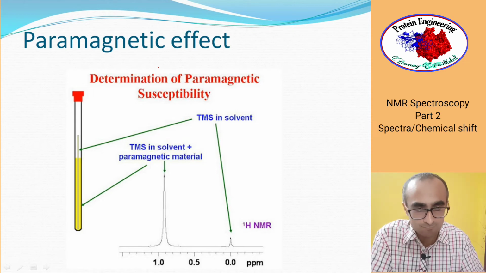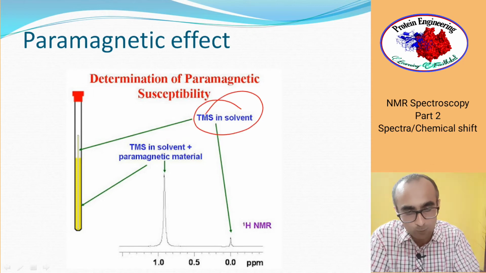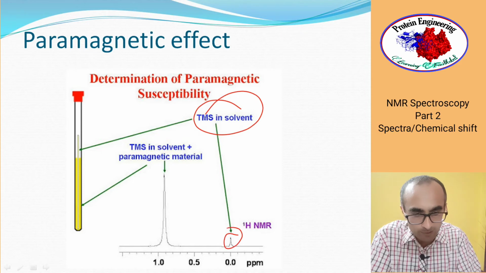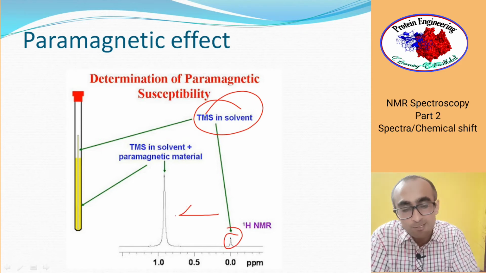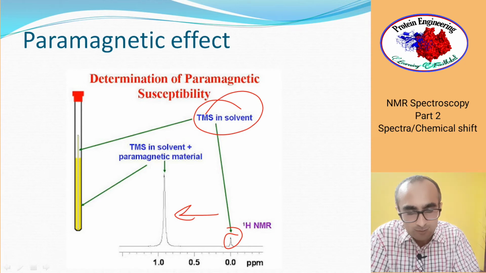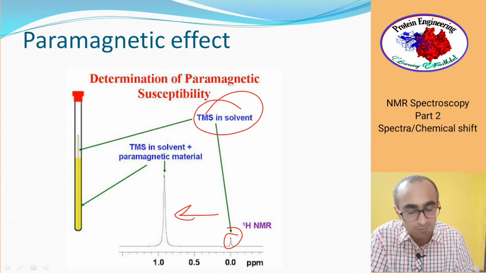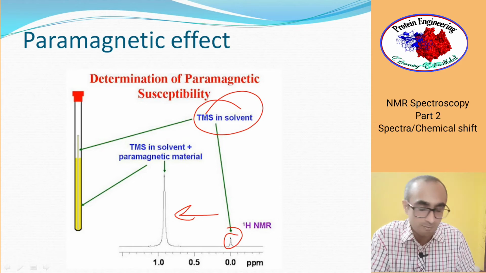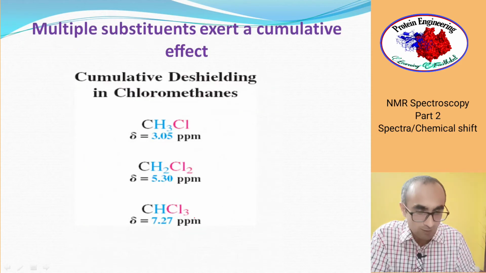For example, if you have TMS in solvent in H1 NMR, you get a peak here, but if you add a paramagnetic material, the peak is shifted towards higher energy. So paramagnetic atoms also influence the positioning of the chemical shift.